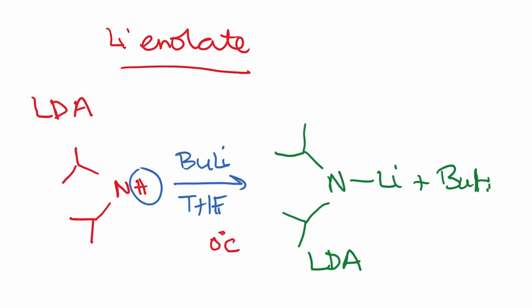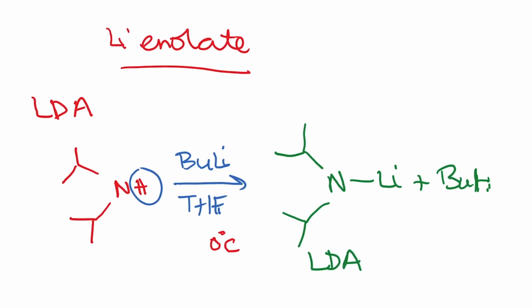LDA is a stable base. It can be made and stored at low temperatures. It can also be prepared when you want to in the lab. You have to be very careful, of course, because the protonation of LDA is actually quite exothermic. It is very commonly used in organic chemistry labs as a deprotonating agent.